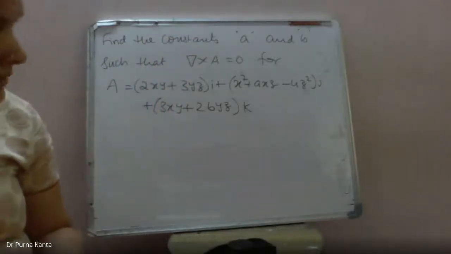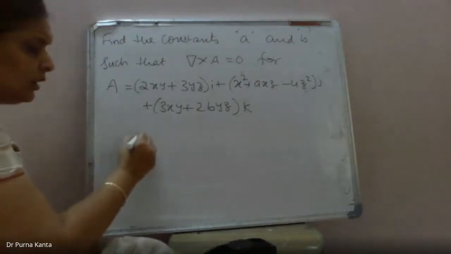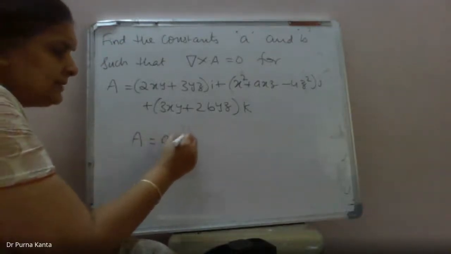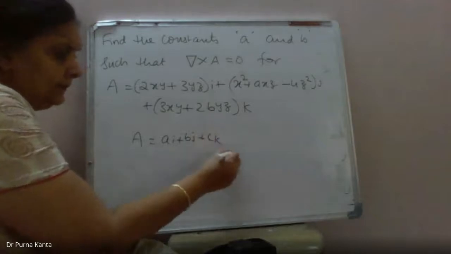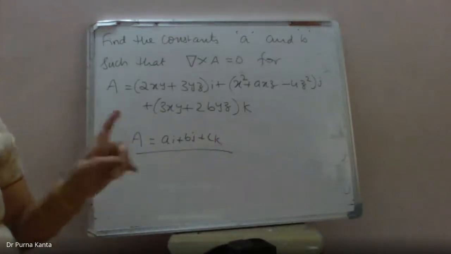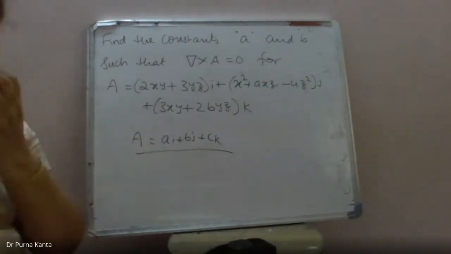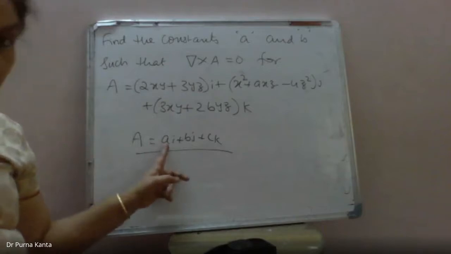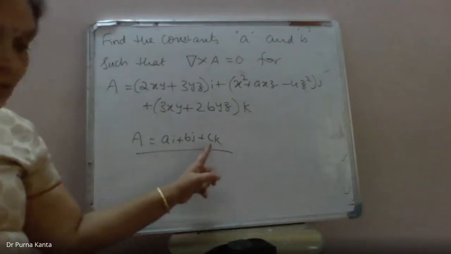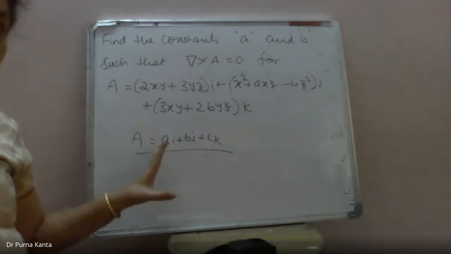Okay, before starting this problem, I'll just tell you one point here. Whenever you're given a vector A as ai plus bj plus ck, when do we say that the vector is 0? The vector is said to be 0 if each and every component in that vector is 0. Means small a should be 0, small b should be 0, small c also should be 0. Then only we say that the vector is a zero vector.